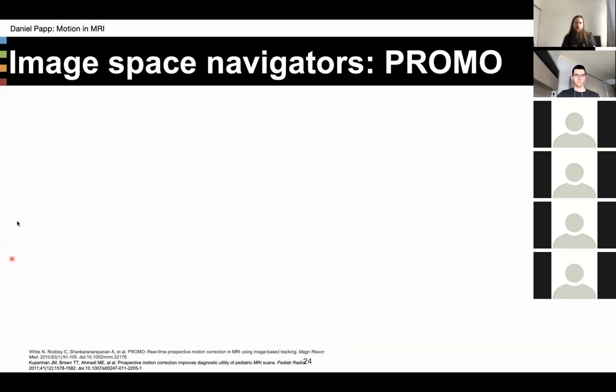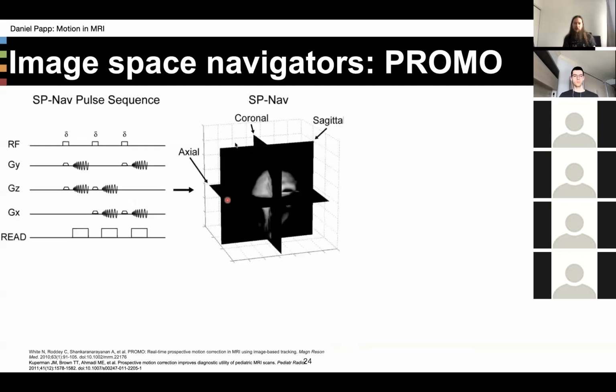So PROMO is a set of three projections to the images, like, for example, the localizer. So you can think of this as inserting a really, really quick localizer in front of each TR, and then based on that, co-registering it to the first localizer and getting your motion trajectories.